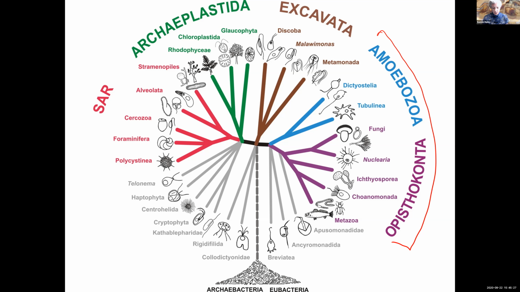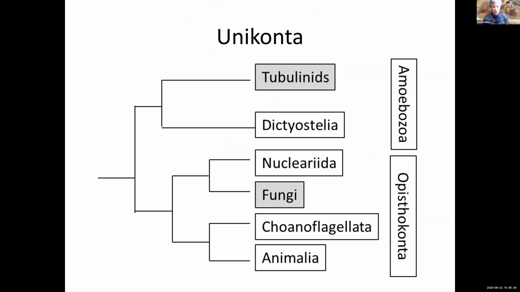And if we zoom in on the uniconts, we see that we have these two major clades, the amoebozoa. These are single-celled organisms. There are sort of two groups that are these amoeba-like organisms, and then there's this other weird group called the slime molds. Now, these are really fascinating organisms. We aren't going to get into those in our lab, but hopefully you'll have a chance to learn some more about them.